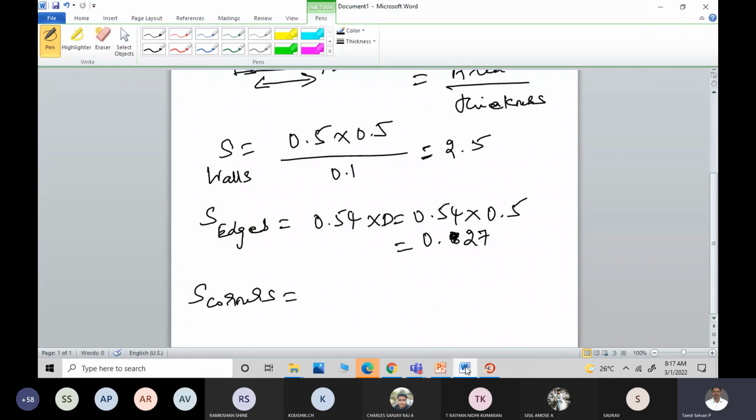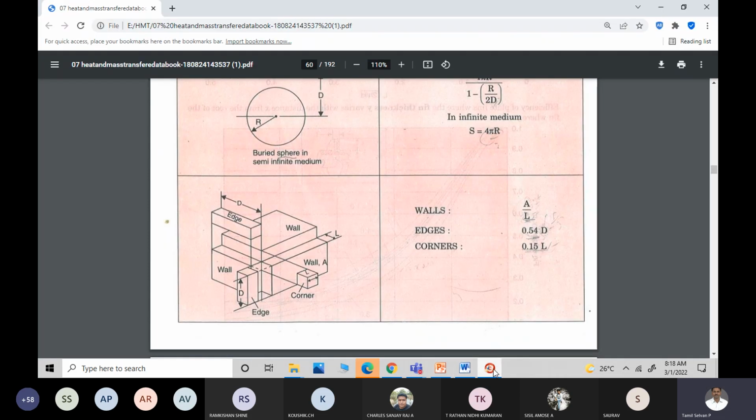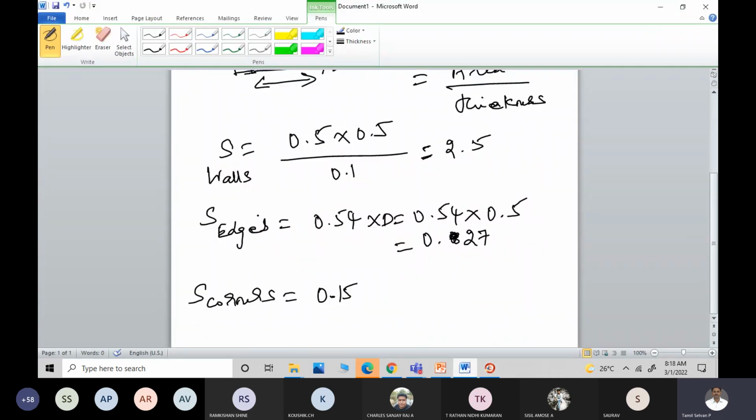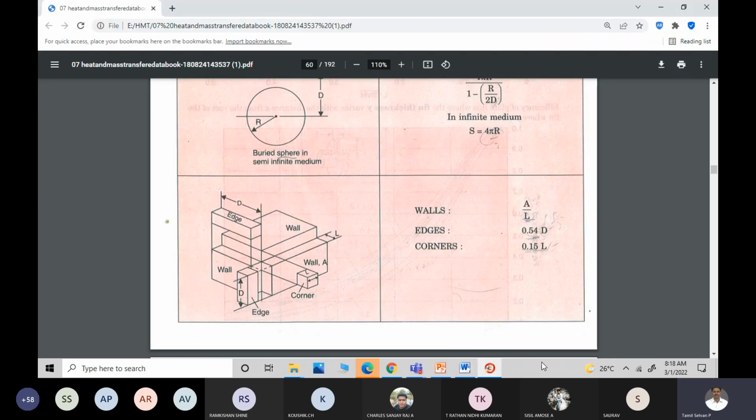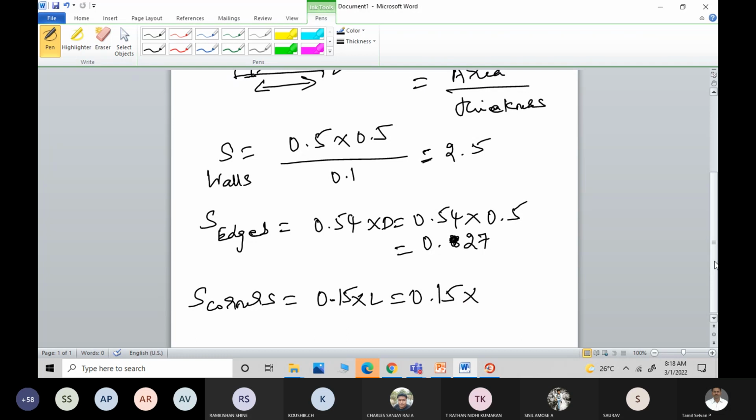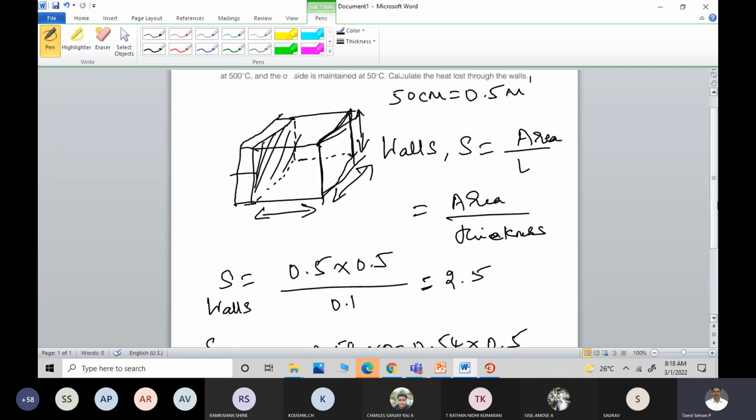The shape factor for corners is 0.15 into L. L is the thickness, so L is equal to 0.1, and D is equal to 0.5 meters.